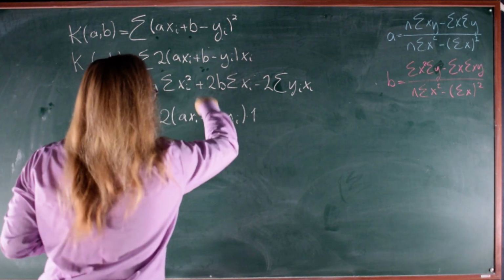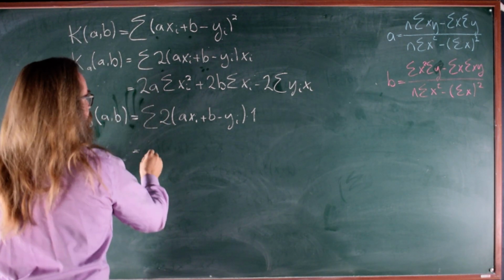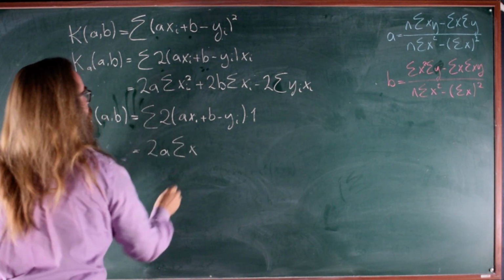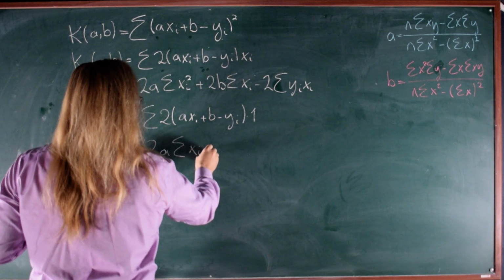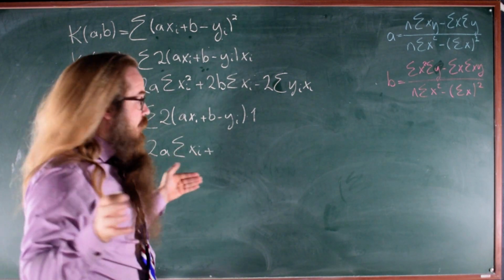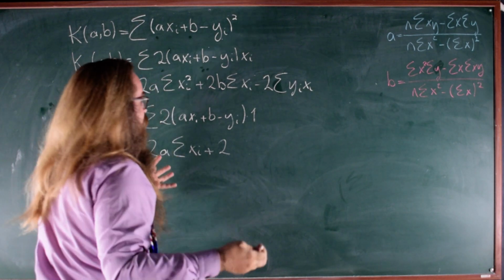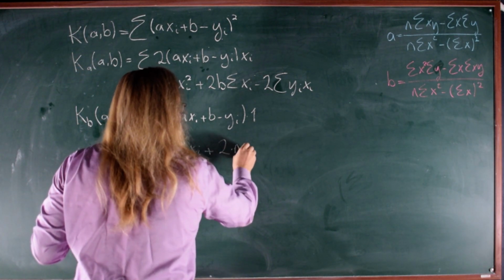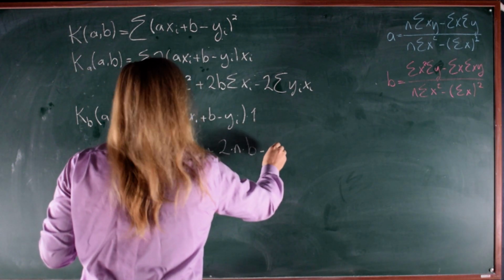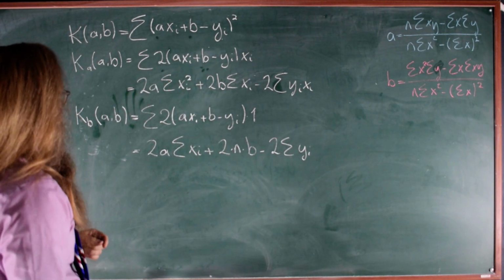So we actually get the same thing where we just don't have this extra x_i term here. Again, we get 2a times the sum of x_i plus, all right, now we have 2b with neither x or y. So we just get 2 times the sum of a bunch of b's, which is just the same as 2 times n times b, so just the number of b's. And then minus 2 times the sum of y_i. Beautiful.